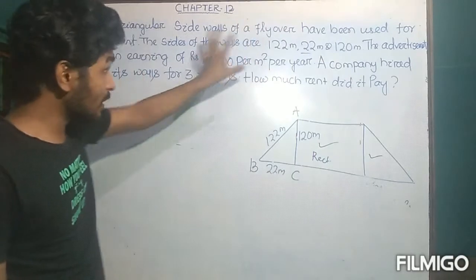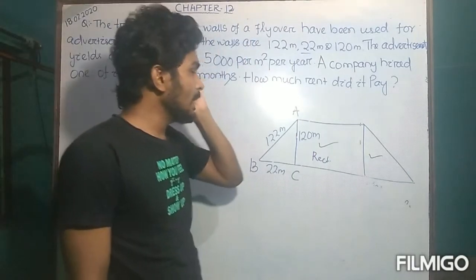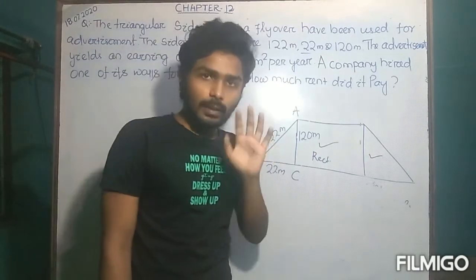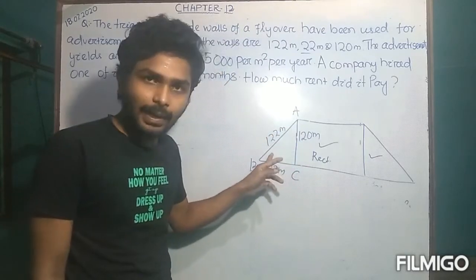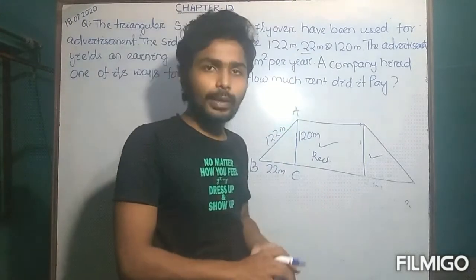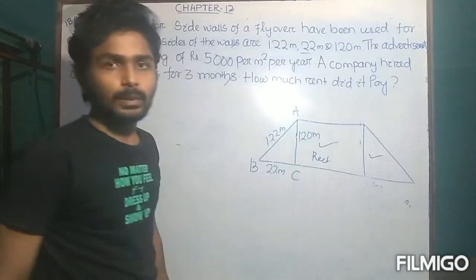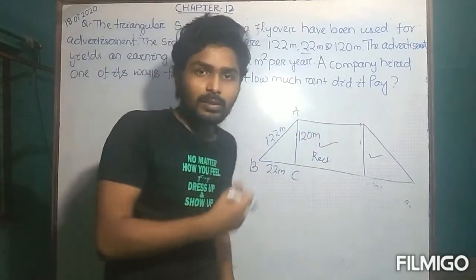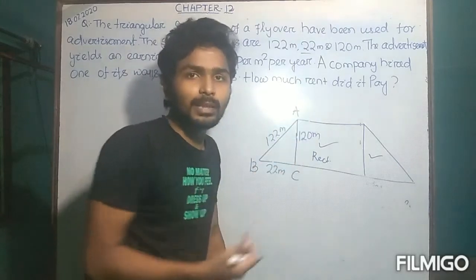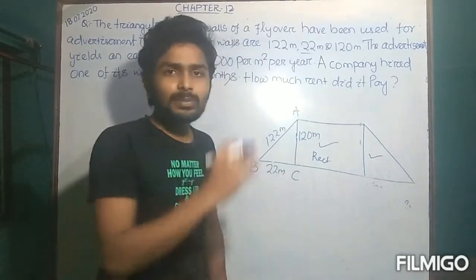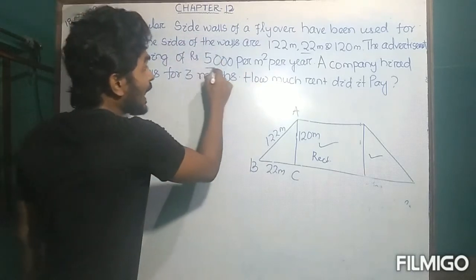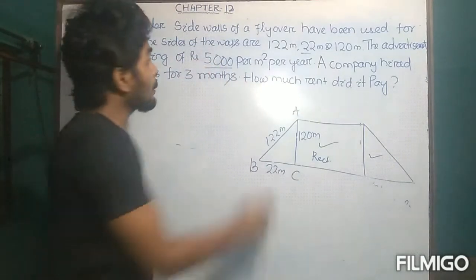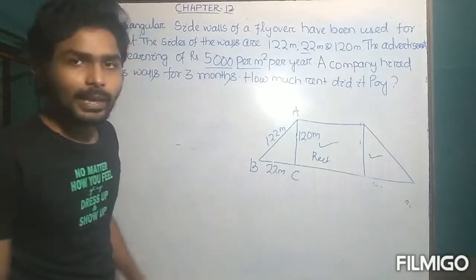So we have to first understand this sentence clearly. Since the company has to hire this triangular side and paste its hoardings over there, it has to pay some cost. How much money does the company have to pay? It has to pay 5,000 rupees per meter square.